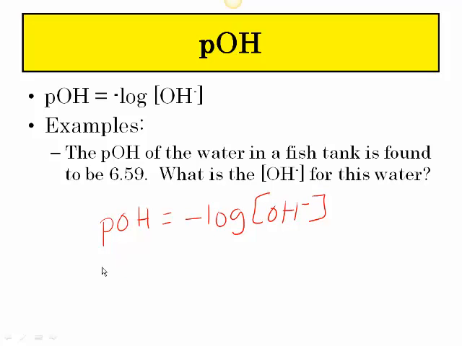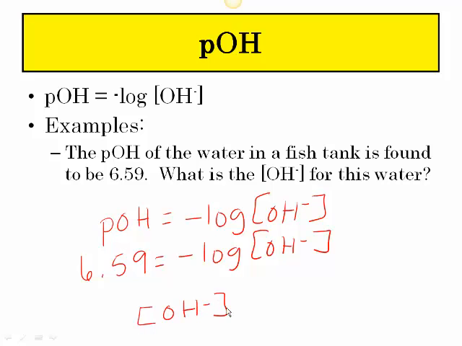But this one, they gave us a pOH of 6.59, and they want you to figure out what that OH concentration is. So again, I'll cut away, I'll show you how to put this in your calculator, and find out how to get the OH concentration to be 2.57 times 10 to the negative 7th molar.